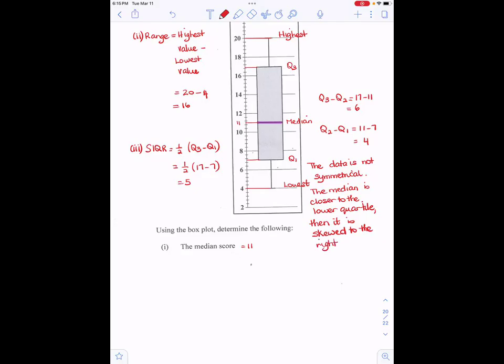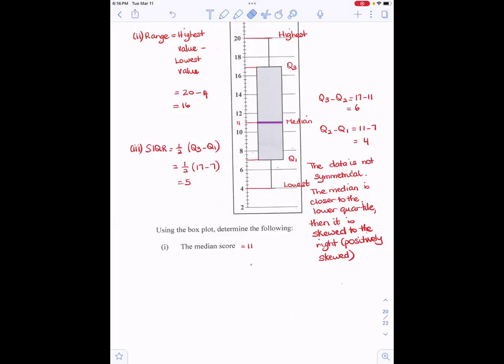So if it is skewed to the right, that is called positively skewed. So when the median is closer to the lower quartile, the graph itself is said to be positively skewed. If it was the other way around, it would have been negatively skewed. So the graph would have been something like this. Right? So this is positively skewed.